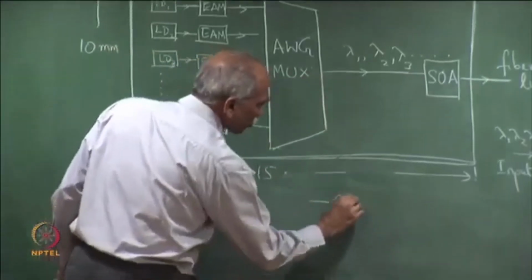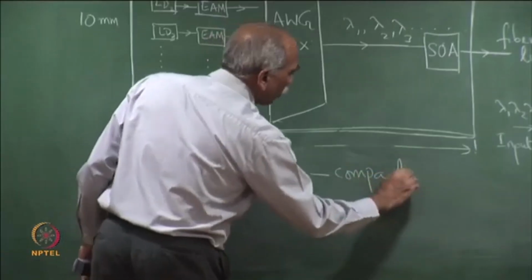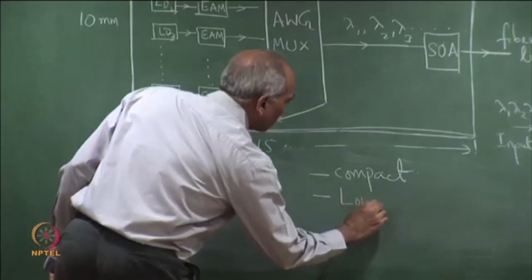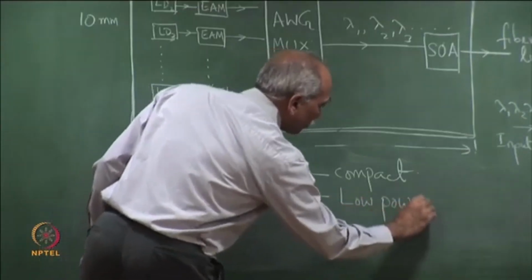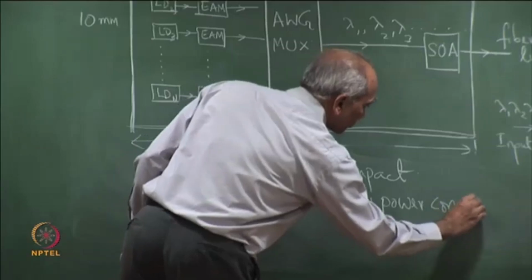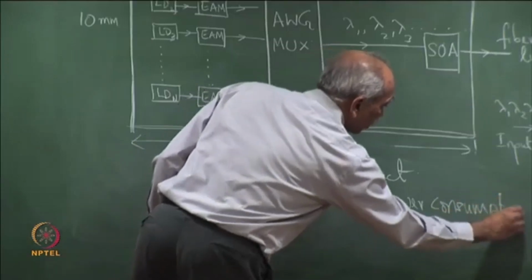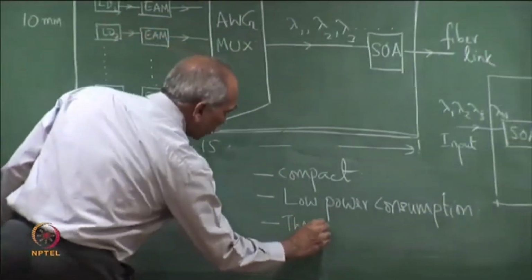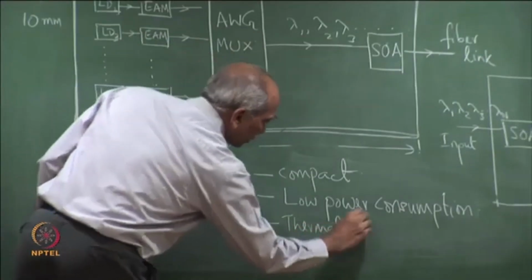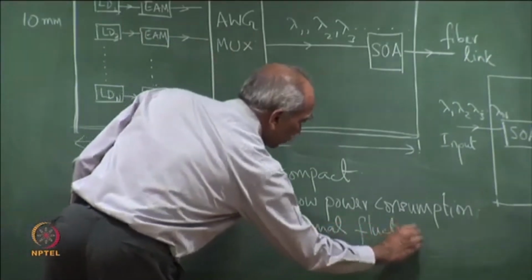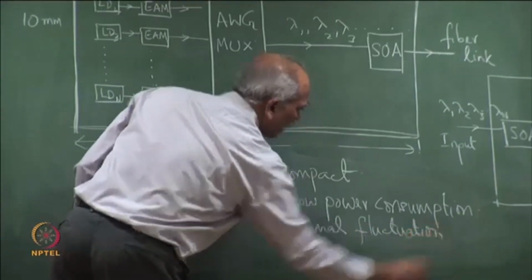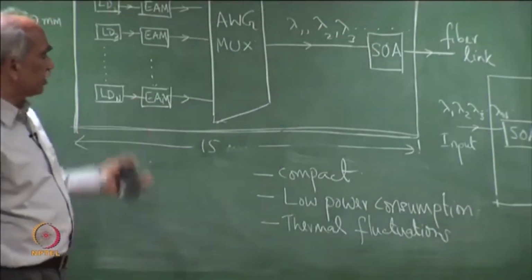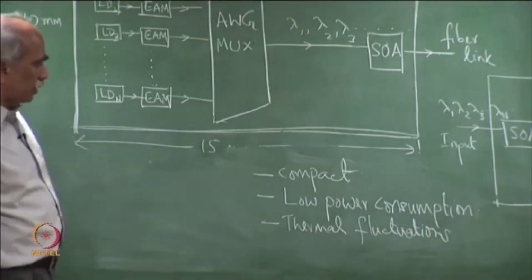The first one is of course compactness. It makes a compact device. Most important, very low power consumption, and it is much less sensitive to thermal fluctuations, because unlike discrete components, the entire chip is maintained at a particular temperature.